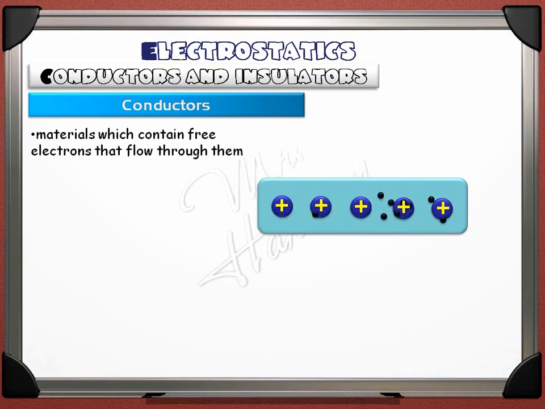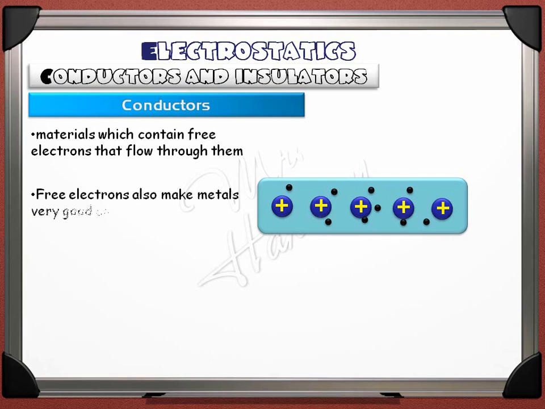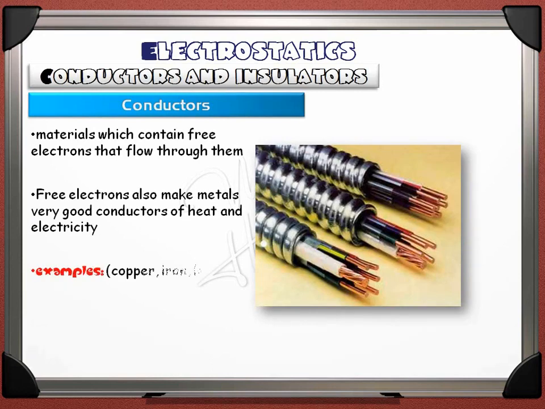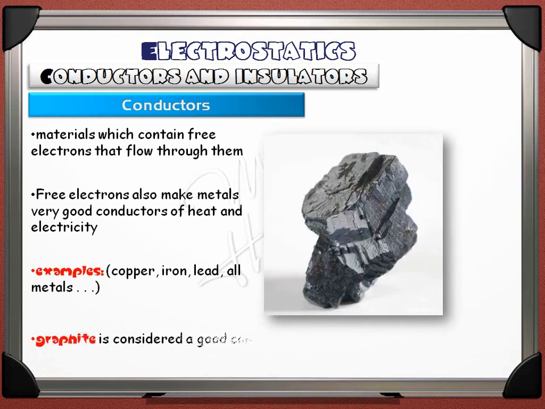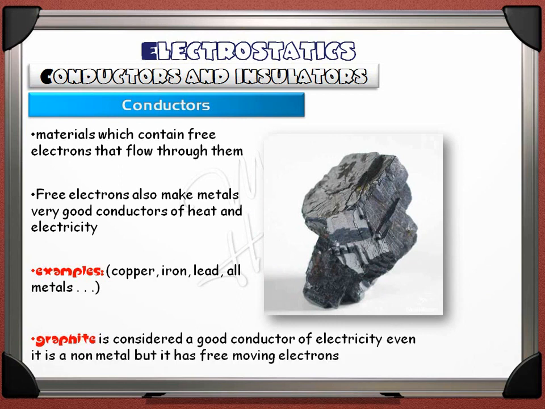In a conducting material, the electrons can move freely within its solid structure. Free electrons also make metals very good conductors of heat and electricity. Examples: copper, iron, lead, all metals. Graphite is considered a good conductor of electricity, even though it is a non-metal, but it has free-moving electrons.